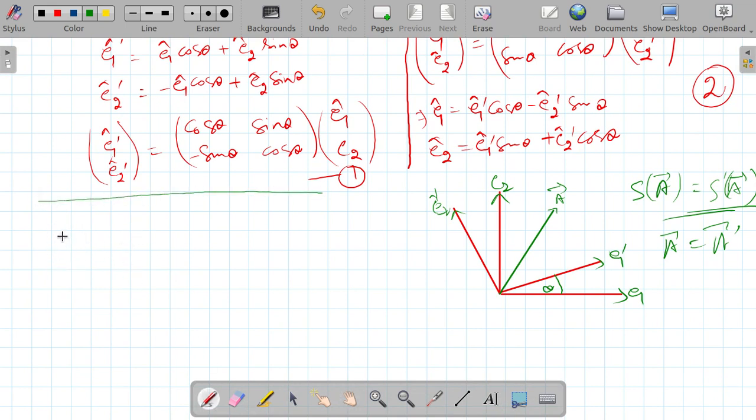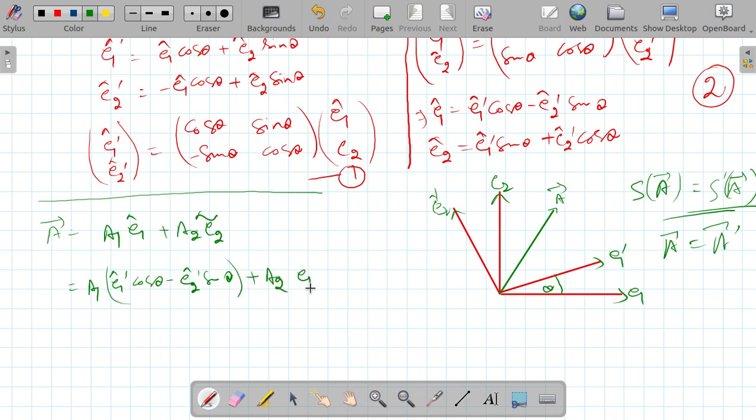Now vector A has two components, A1 and A2, so it can be written as A1 E1 plus A2 E2, which is equal to A1 times E1 prime cos theta minus E2 prime sin theta, plus A2 times E1 prime sin theta plus E2 prime cos theta.